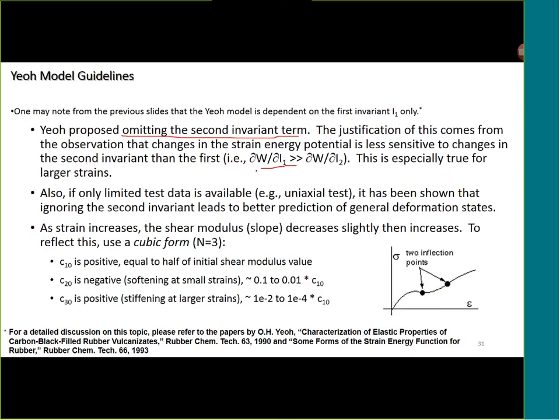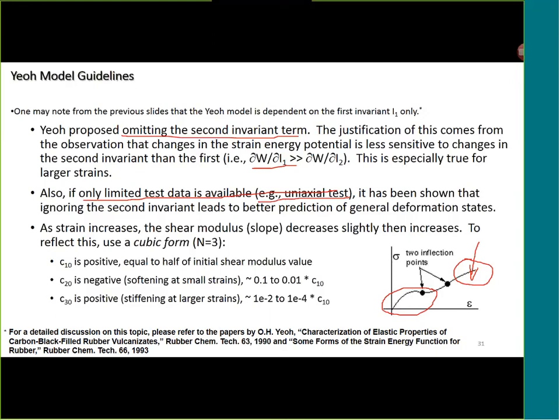So if you are interested in accurately capturing the behavior at the large strain range rather than the small strain range, then this becomes a very suitable material model. It works really well if you have only one uniaxial test data.